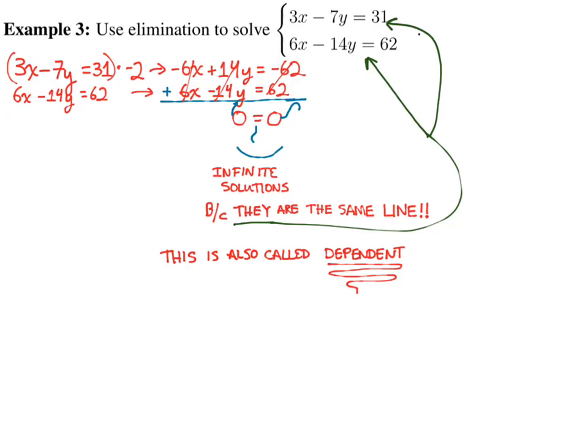I'm not huge on vocabulary tests and that sort of thing, but it's a thing to know, and you should be able to recognize what that means when it's listed in a set of directions or a set of options. All right, so dependent is the magic word for what's going on here. The magic reason is that they're the same line, and the 0 equals 0 is your sign that that happened.